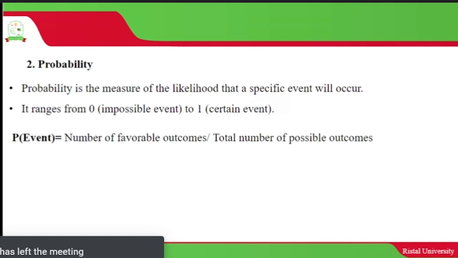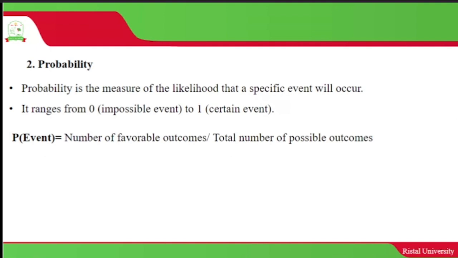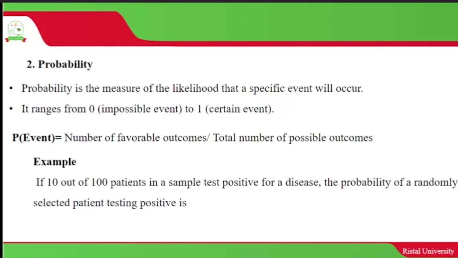Probability is usually given by the number of favorable outcomes over the total number of possible outcomes. Let's look at an example. If 10 out of 100 patients in a sample, as stated in our formula, we shall have to divide 10 positive patients out of the total number of patients, because our favorable outcome is positive and we have 10 patients who are testing positive for this disease under study.